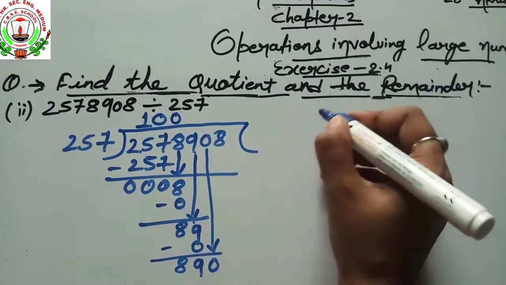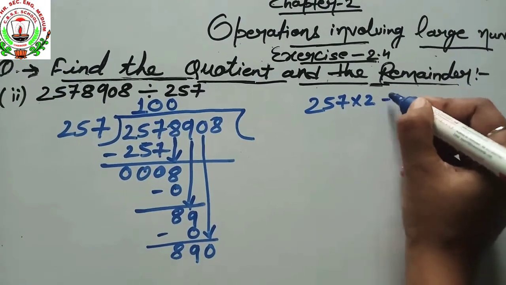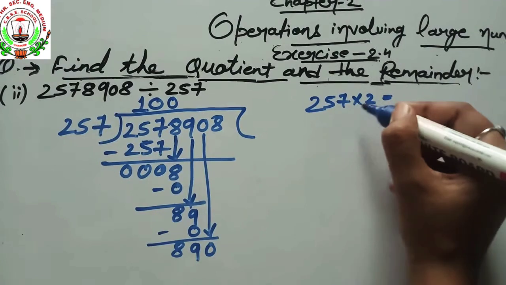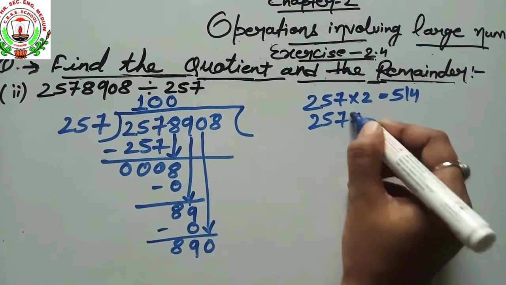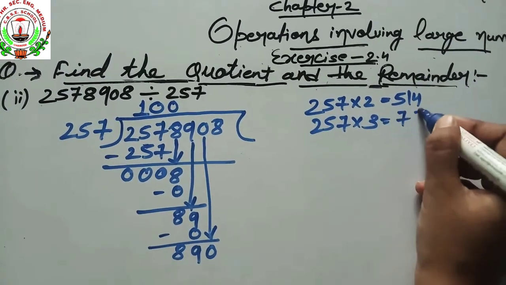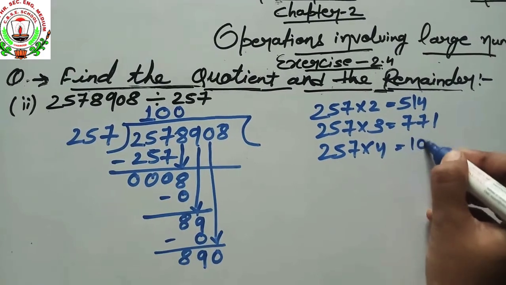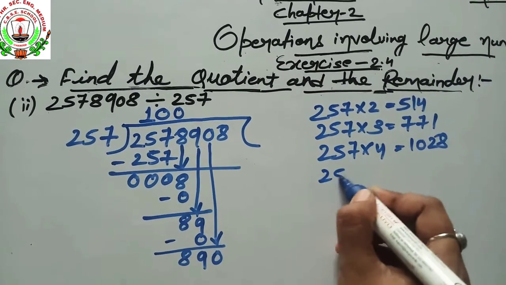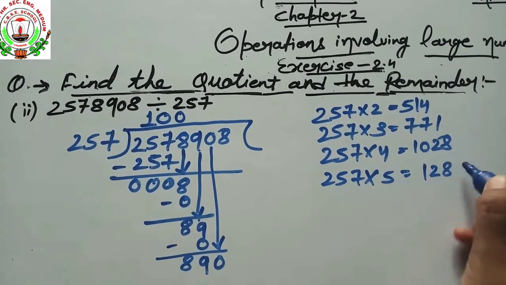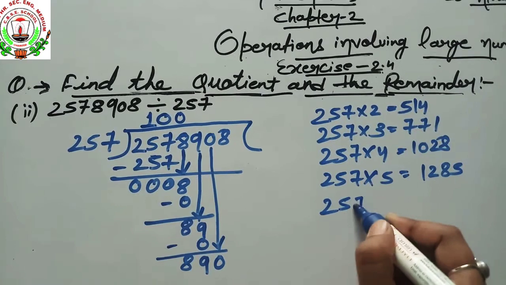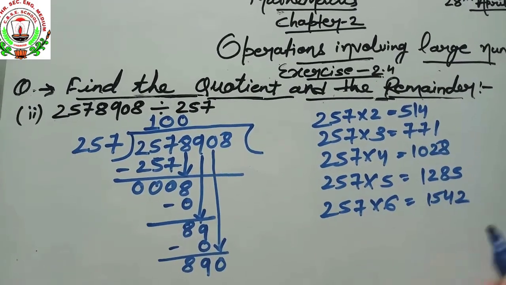Now further we have to write the table of 257. 257 multiplied by 2 is 514. 257 multiplied by 3 is 771. 257 multiplied by 4 is 1028. 257 multiplied by 5 is 1285. 257 multiplied by 6 is 1542.